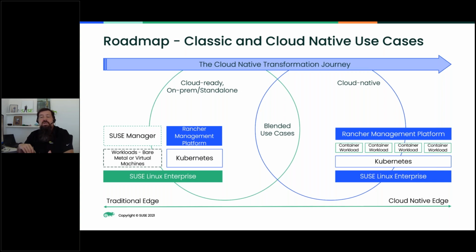But even traditional Linux is something that we can manage on that traditional side. And then we can deal with it whether they're virtual machines, bare metal, what have you. SUSE Manager becomes the primary management component on that traditional edge. Though Kubernetes comes into play with one of our unique solutions called Harvester, which is virtualization managed by Kubernetes.